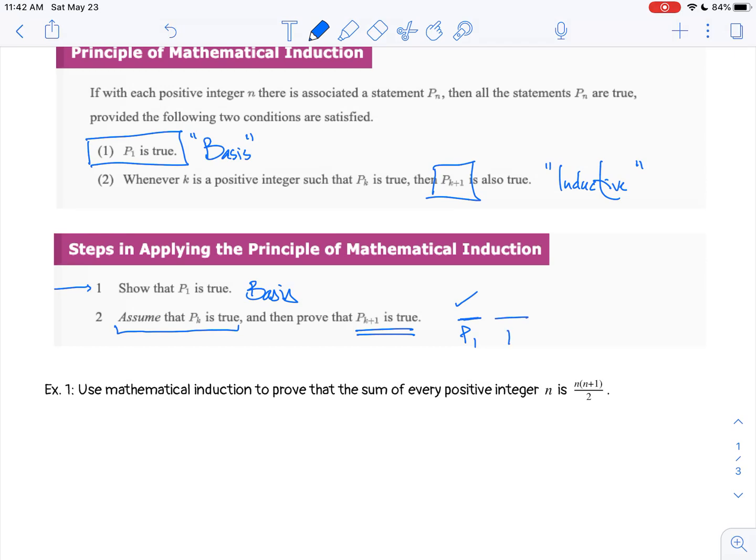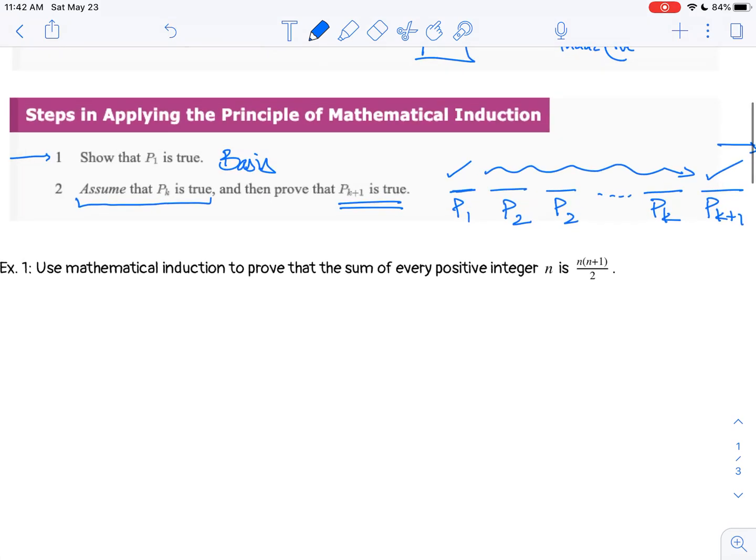Then instead of showing p sub 2 and p sub 3, we skip a few and pick a random one, p sub k, and we assume that this one is true. Then we show that p sub k plus 1 is true. That means that everything in between and onward is always going to be true. That's the concept we're using here. Now we're going to use this concept with some algebra to help us prove these different things.